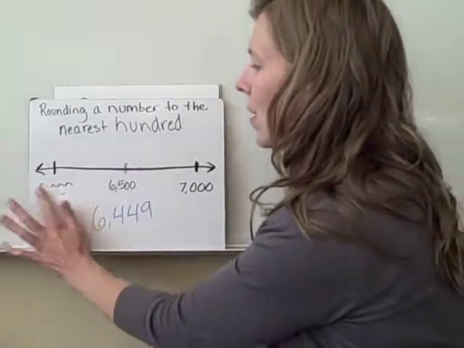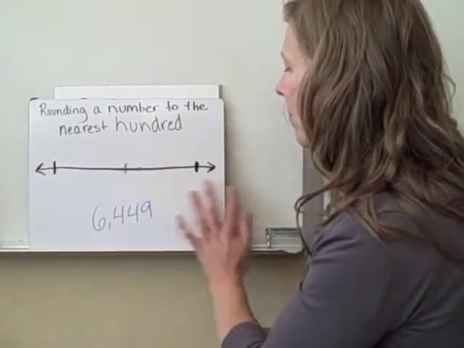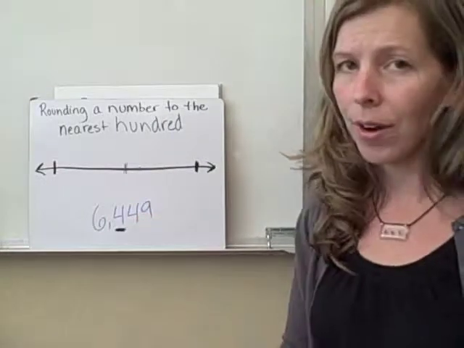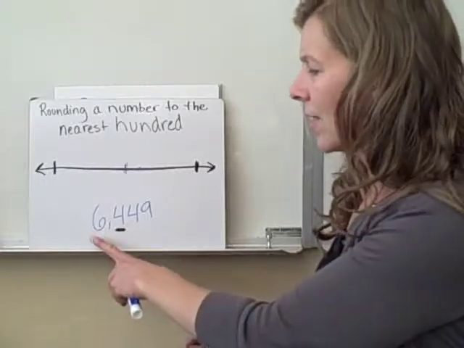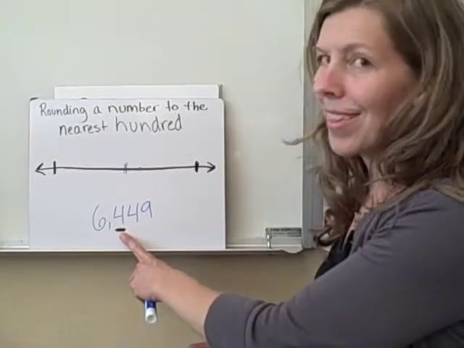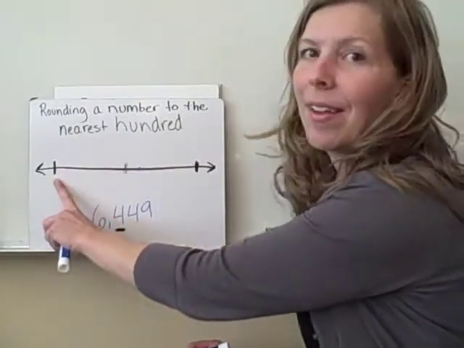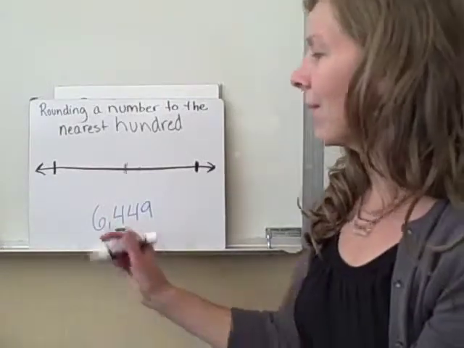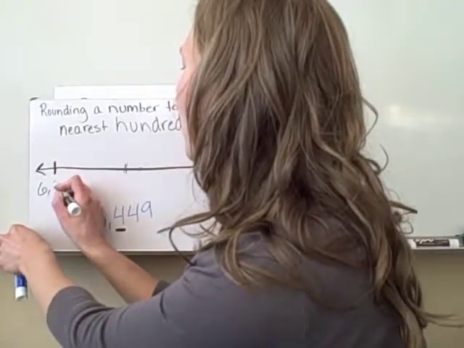So let me erase these numbers, even the middle too. The hundreds digit is right here, right? It's the 4. So what's lowest? What's the 100 that would be to the left of this number? And that would be 6,400.